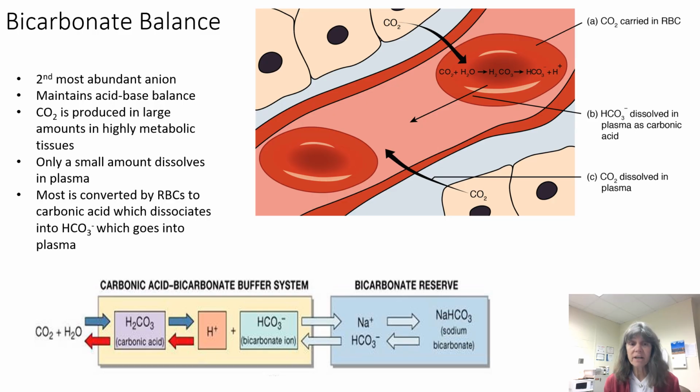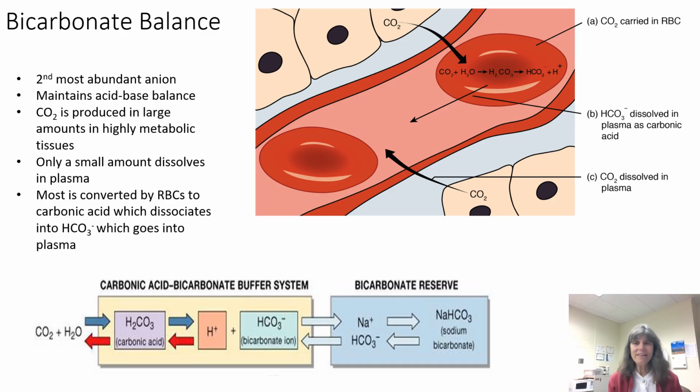So if we've got a lot of carbon dioxide and water, if you look on the left-hand side of the bottom picture, that carbon dioxide and water will react to form carbonic acid, which can further dissociate into hydrogen ions and bicarbonate ions, and then the bicarbonate ions can join together with sodium to form sodium bicarbonate, which forms a bicarbonate reserve that can be used in the presence of excess hydrogen ions to form carbonic acid, which can then be broken down into carbon dioxide and water.